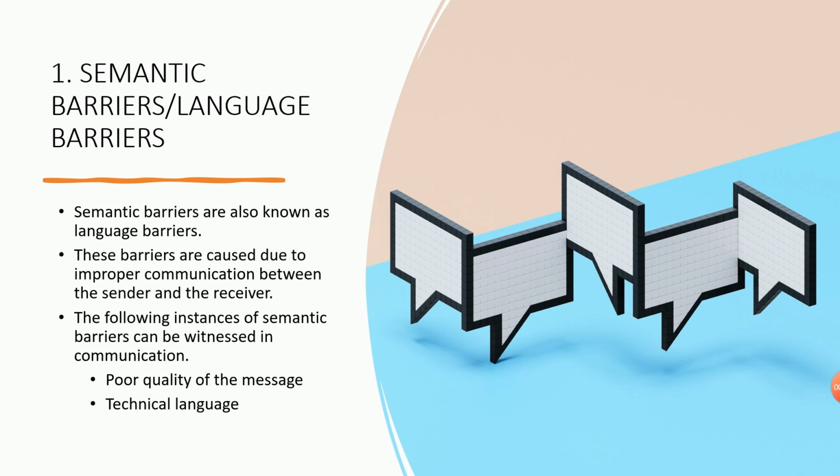Also, we might have certain acronyms at one place, but the same acronym might have a different meaning in another place. So here we should have a very common basic understanding of the proper technicality used in the message. That is the technical language. So these are the semantic barriers, that is language barriers, for effective communication.